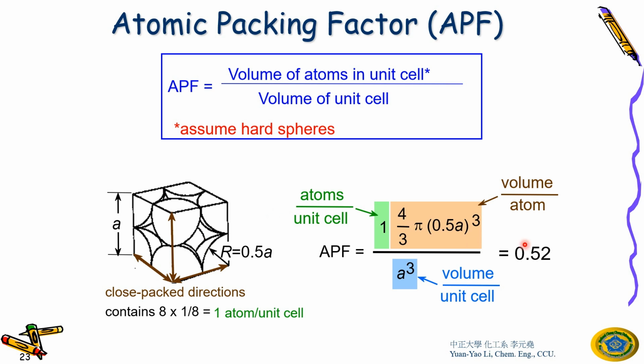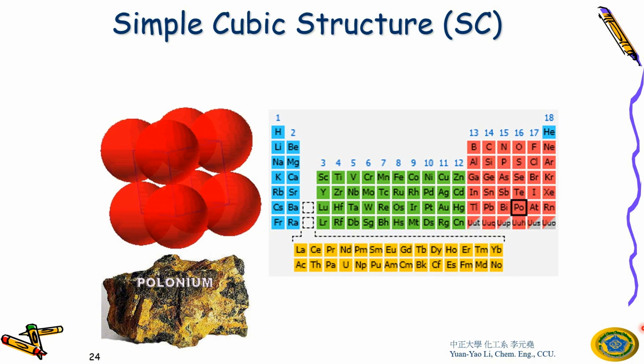Only 50% is packed with solid material in this structure. Okay? So the APF for a simple cubic structure is 0.52. As I told you, there is a lot of empty space in this structure, so it cannot easily be formed because it's too loose. The simple cubic structure you can only find in this one. This is the one. Polonium.